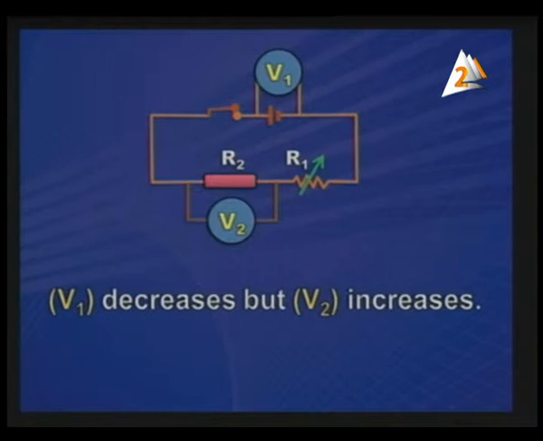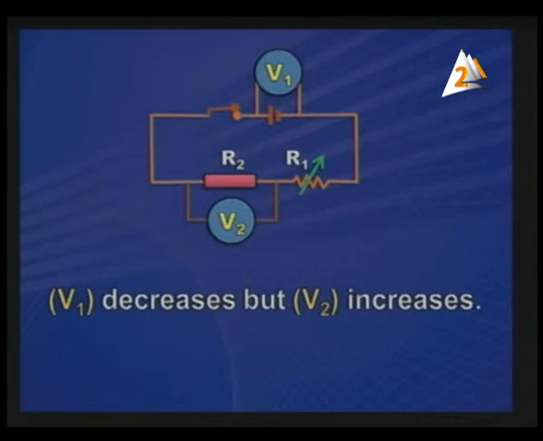So the lost voltage, the internal voltage, increases. So the terminal voltage, or the external voltage, decreases. Once again, when R1 is decreased, total resistance decreases, current increases, internal voltage increases, and V1, which is the external voltage, decreases.